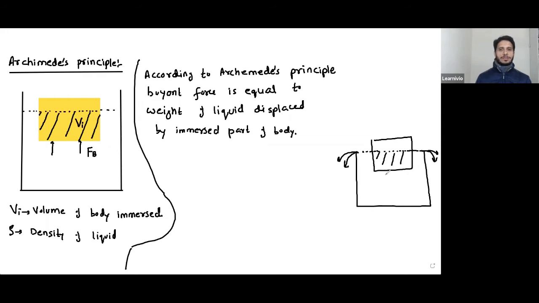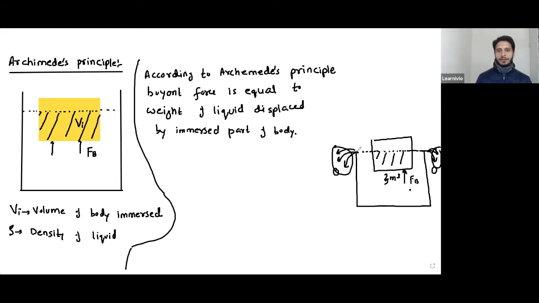If you are immersing, let's say, 2 meter cube of the solid, then the volume of the liquid that spills would be equal to 2 meter cube. If you immerse 3 meter cube, then it will displace 3 meter cube of the liquid. If you can collect all this liquid and measure its weight, the weight of the liquid is exactly equal to the buoyant force exerted by the liquid on the body.